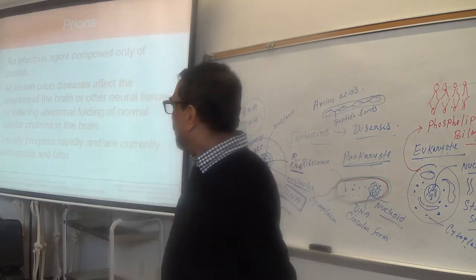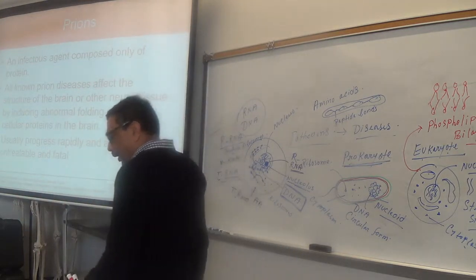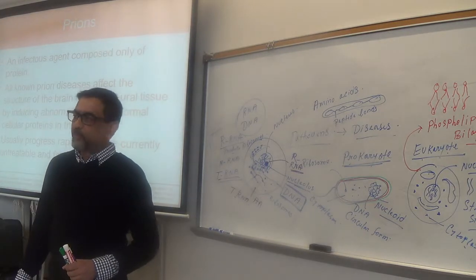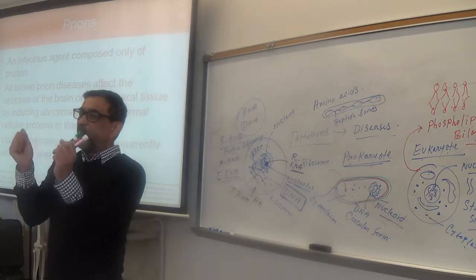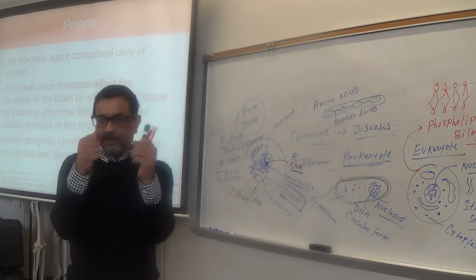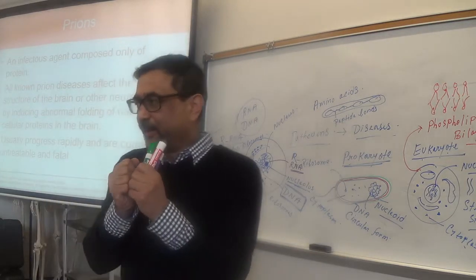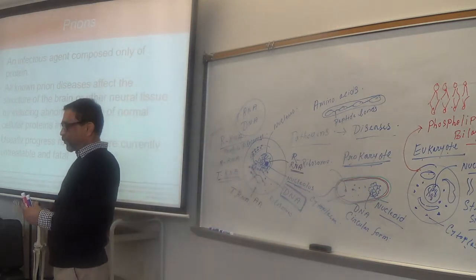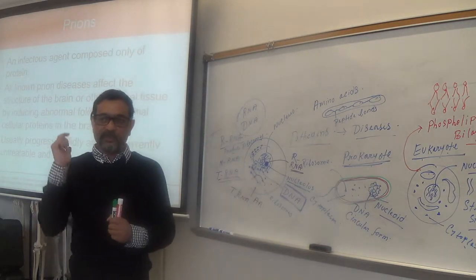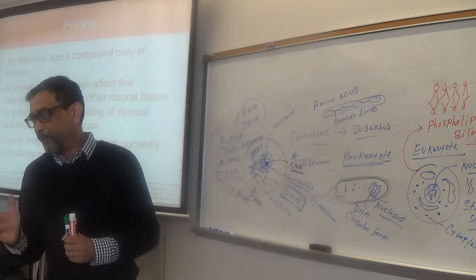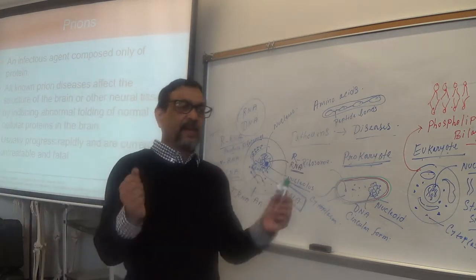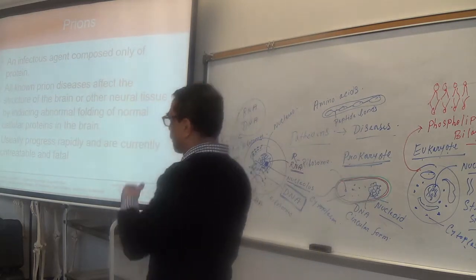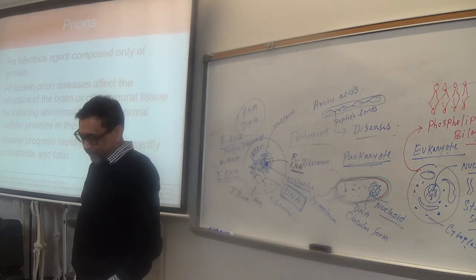And these protein molecules are abnormal protein molecules. They get folded abnormally inside the cell. And that abnormal folding of prions, these proteins, we say prion proteins, abnormally folded, and that causes diseases.